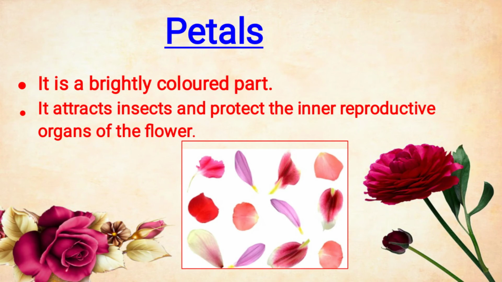They attract us, and they attract insects for pollination, and also protect the inner reproductive organs of the flower. Which are the inner reproductive organs? Ovule and ovary. This ovule and ovary are protected by these petals.